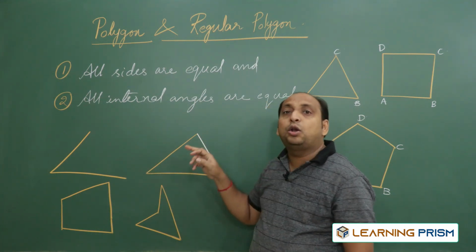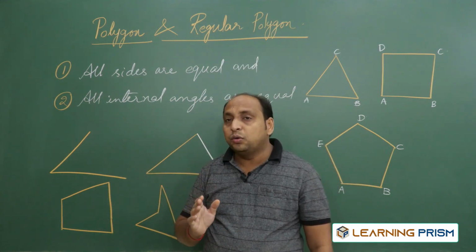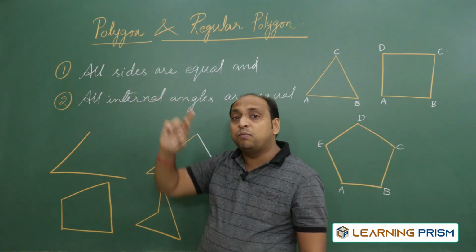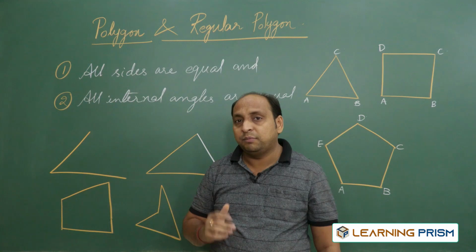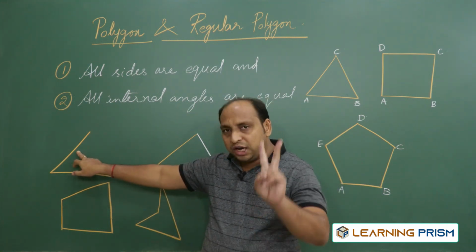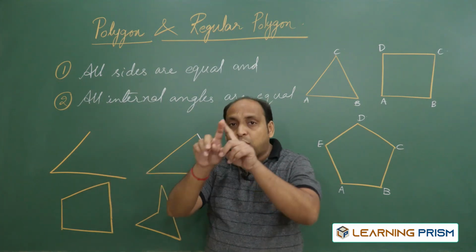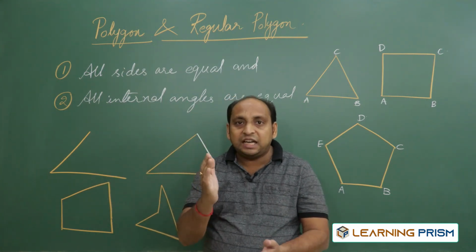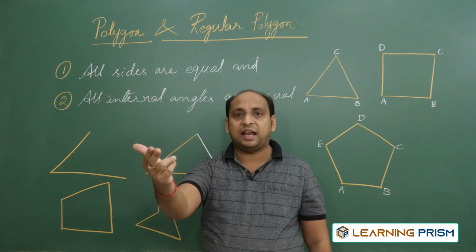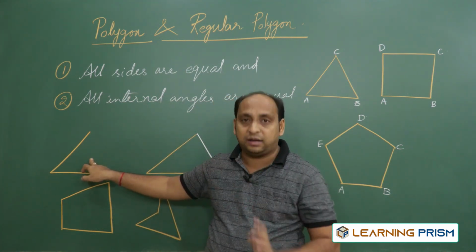Everything is closed. Now, in the definition I just told you, the polygon should have more than two sides. Why more than two sides? Because if I consider only two sides, you cannot form a closed figure. Definitely you need the third side for the figure to become a closed one.